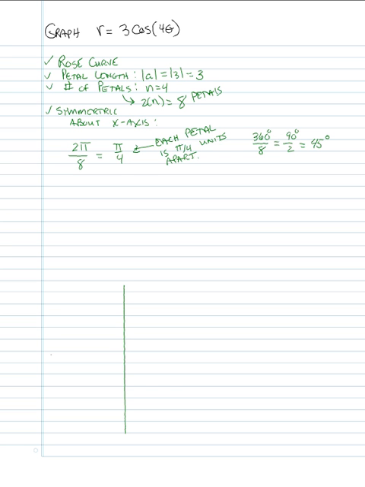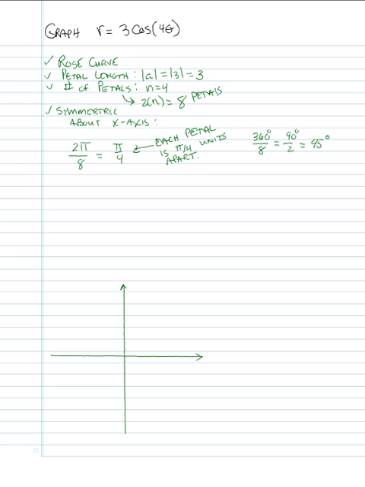Let's see if we can find where our first petal is. We have 8 petals, and the way I would consider finding the first petal is finding the first value of theta for which r is 3, because our petal length is 3. That would be at the end of the first petal.